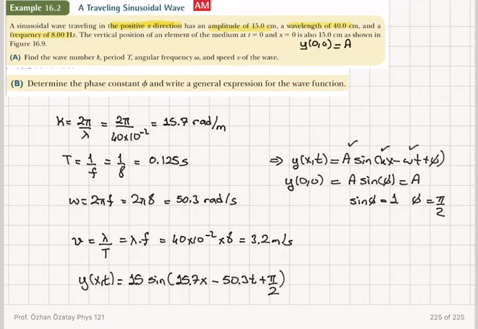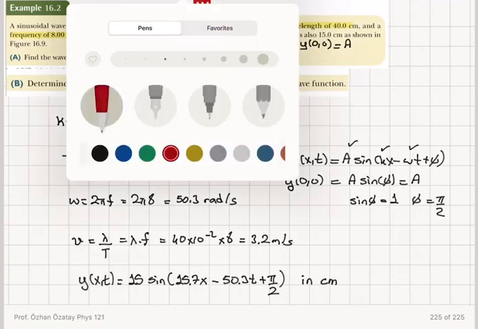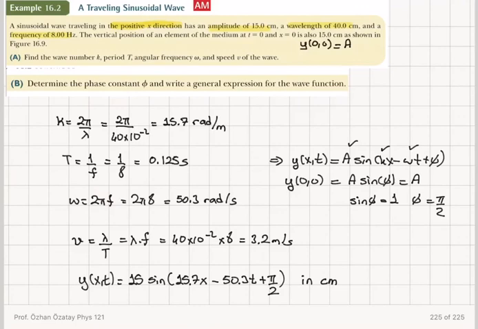And since I have included amplitude 15 in centimeters, this will be 15 multiplied by the sine function, giving me the position of the medium elements in centimeters, measured in centimeters with respect to their undisturbed positions.